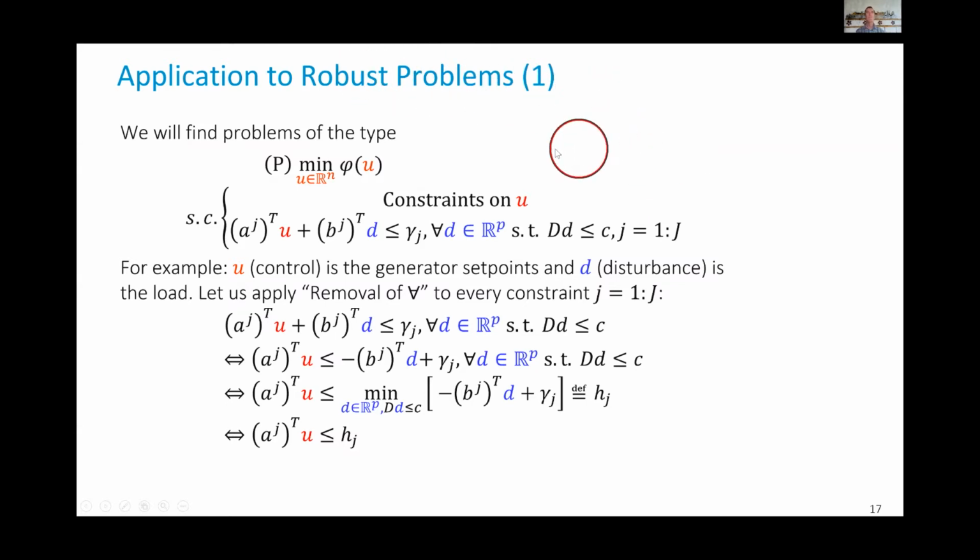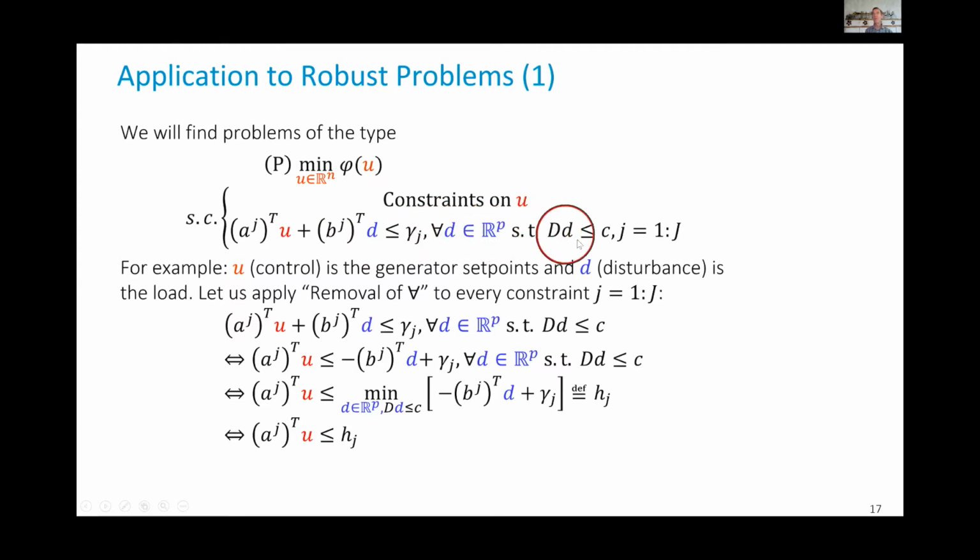Robust problems are problems where we need to minimize a cost function over an optimization variable, u, subject to constraints on u, and constraints on u and d, which is a disturbance. So the constraints take the form we had before. Some expression is less than some maximum quantity for all d.